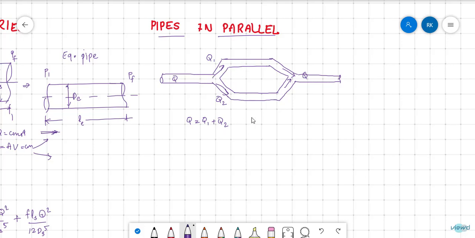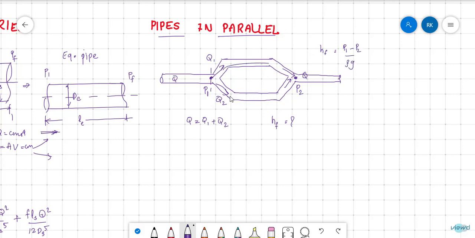And what will be the head loss? Head loss is equal to what? You can see here the pressure that may exist is only one pressure can exist. Two pressures cannot exist at this junction. Let me say here there is pressure P1 and at this junction there is pressure P2. So what is head loss? Is equal to P1 minus P2 by rho g.